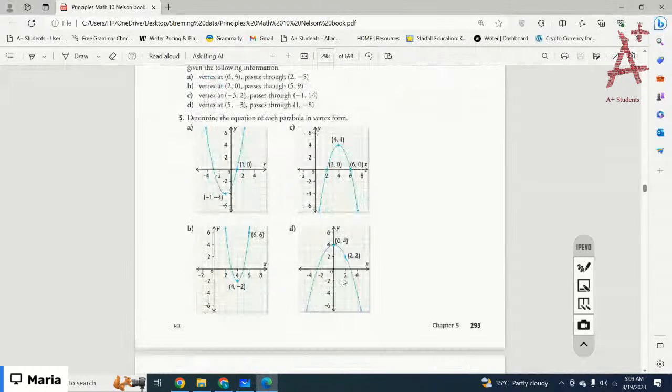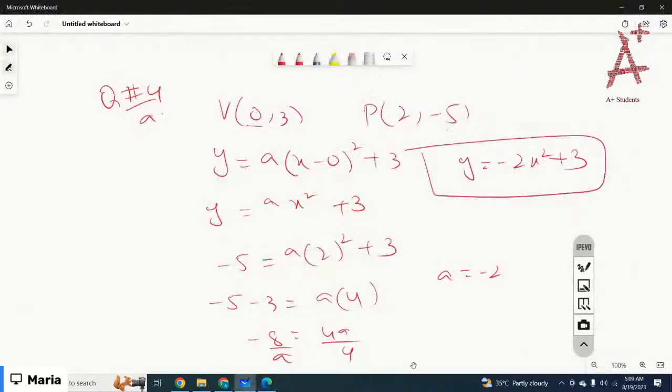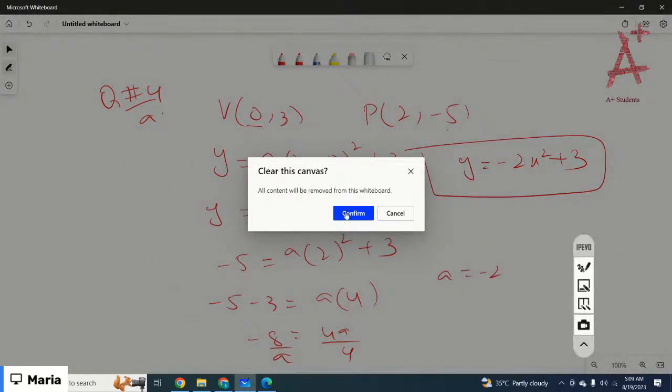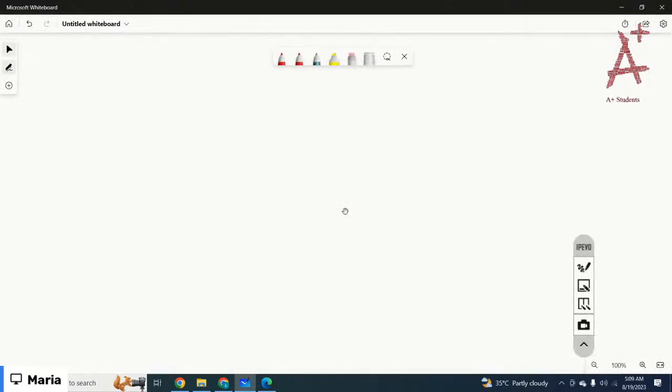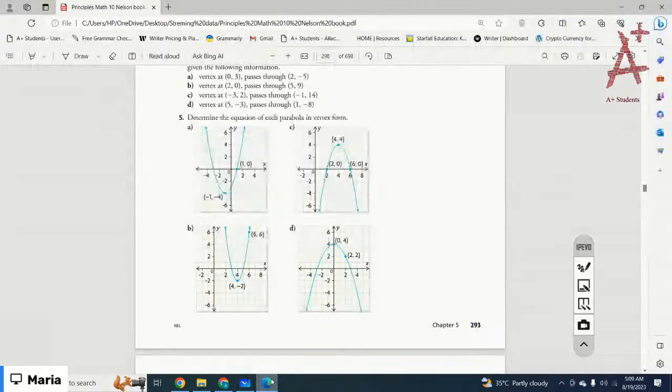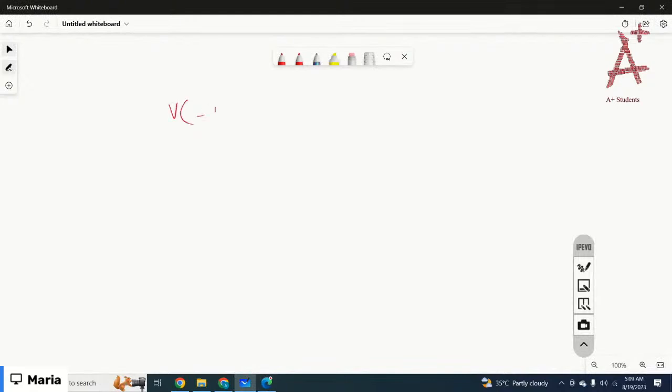Okay, let's start with question number 5. Determine the equation of each parabola in vertex form. Just look at this parabola. You are given the vertex that is -1 and -4, and a point 1, 0. Just use the vertex and the point. Vertex is -1 and -4 and point is 1, 0.